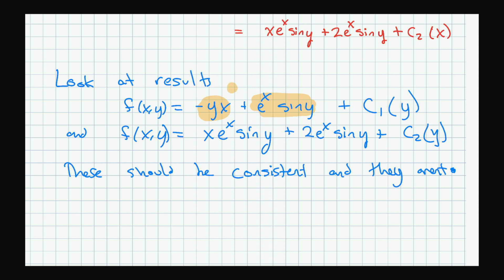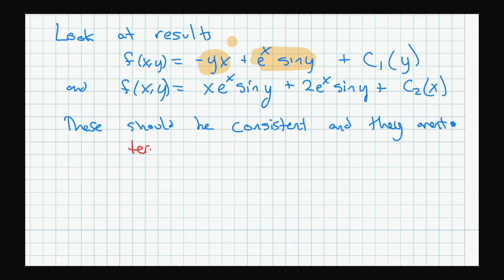Oh, also, I wrote that wrong. This should have been x. But the same thing holds. Negative yx is not a function just of x. So already these are not consistent with each other, right? Because the term negative yx is not in the second function for f.